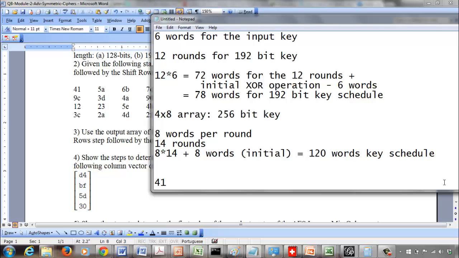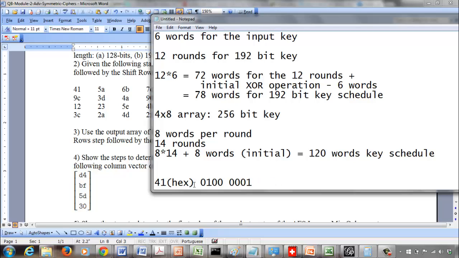So 4 in binary is 0, 1, 0, 0, followed by 0, 0, 0, 1, that is 1. So 4-1 in hex is also 4-1 in decimal.